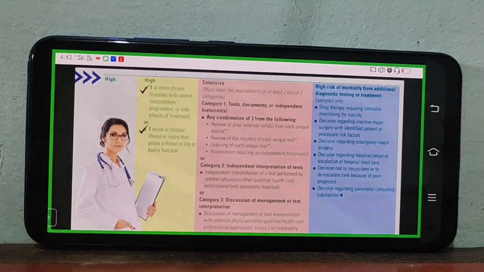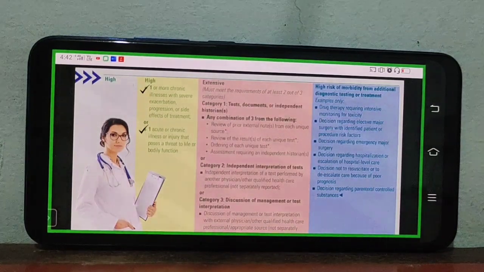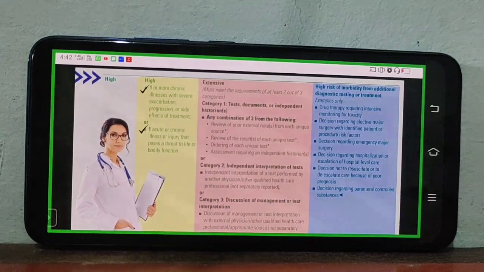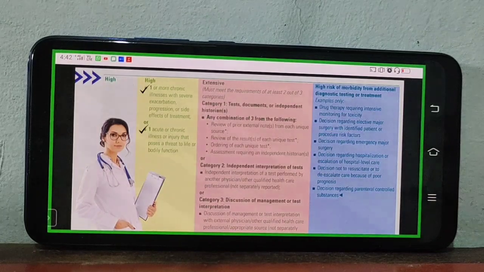The doctor takes the decision to admit the patient in the hospital, or there is no improvement, no chance to save the patient's life, so the doctors tell the patient's family members to discharge from the hospital care. So if a doctor takes the decision to admit the patient in the hospital or discharge from the hospital, that will get 1 point.